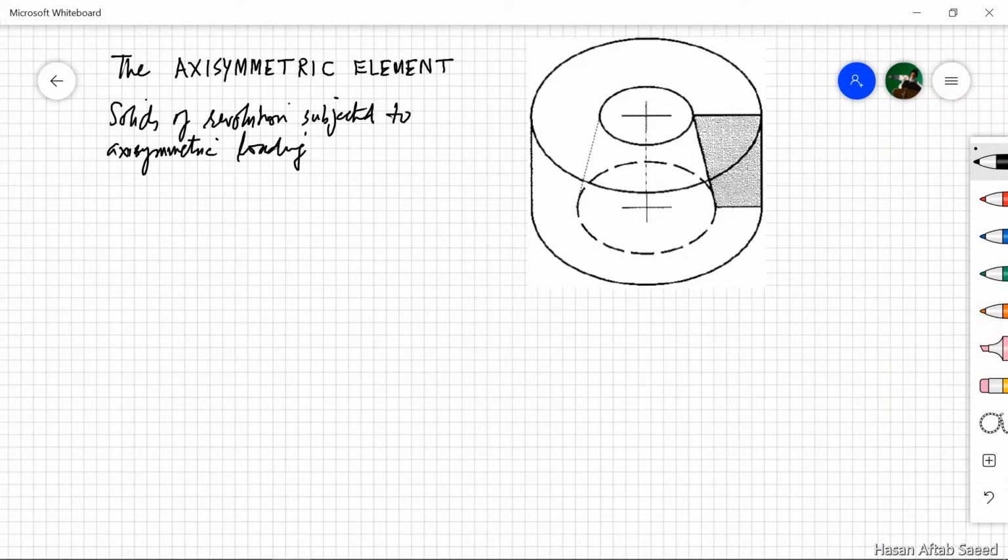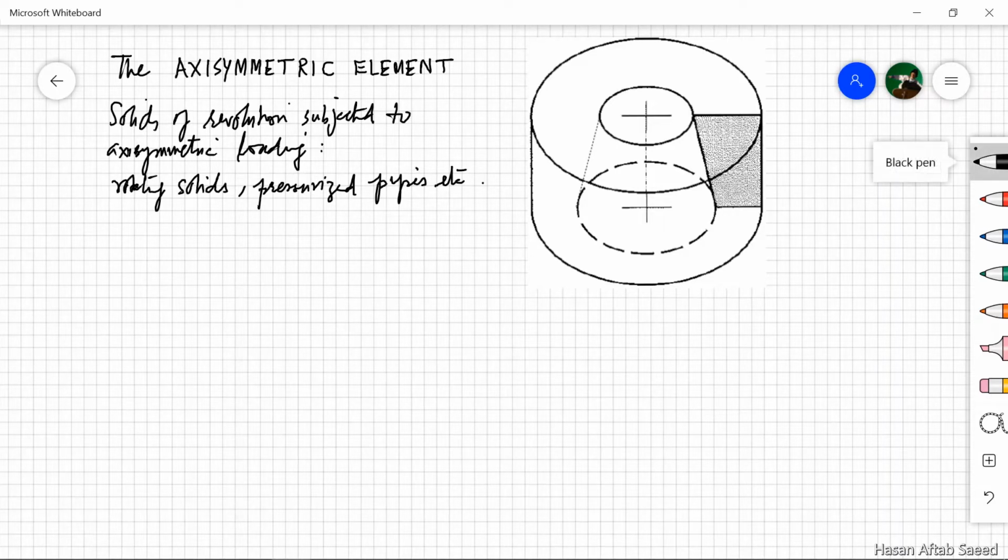There are many examples, most notably rotating solids, because when a solid rotates, it is subjected to centrifugal forces. Also, a very common one, pressurized pipes, etc.